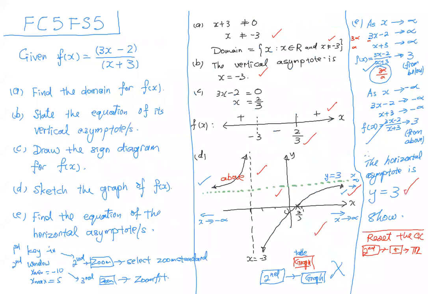Why here do I have to put a dotted line? Because it cannot be 3. Yes, it's not part of the domain.